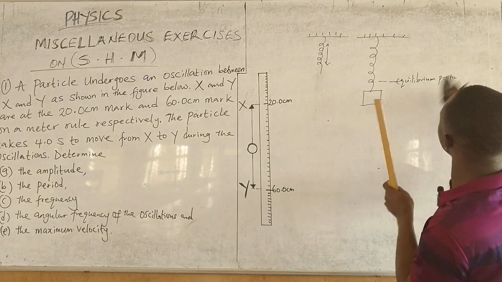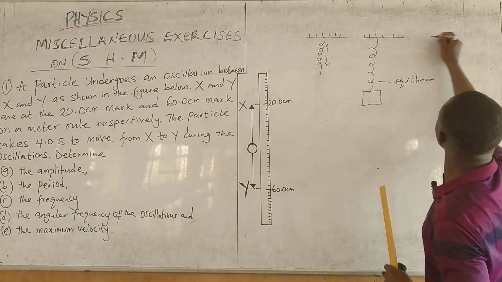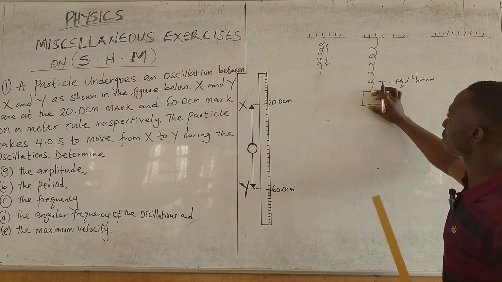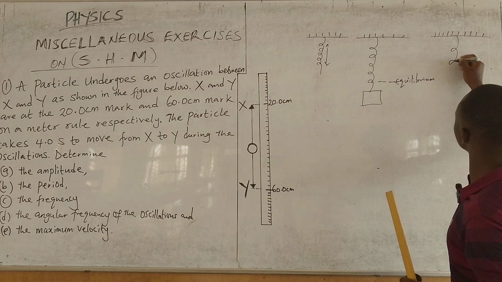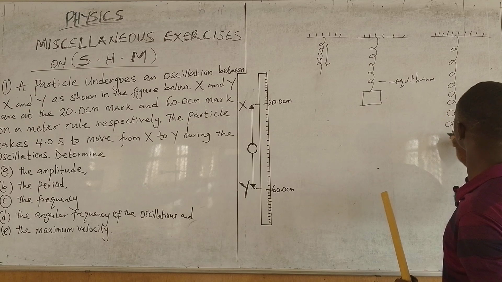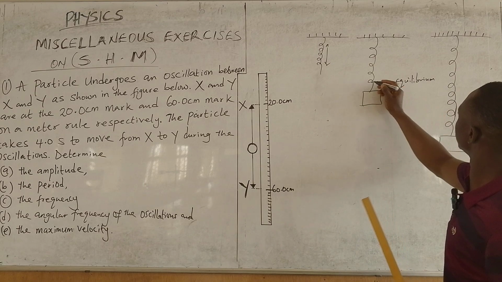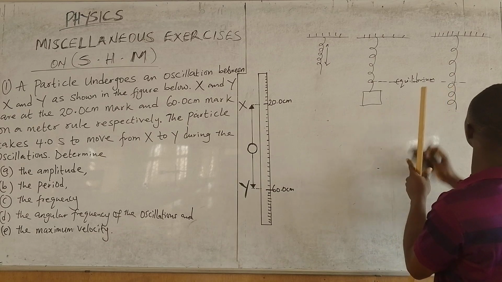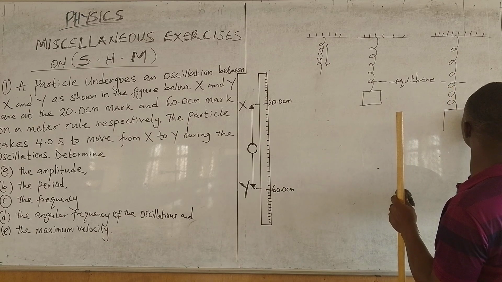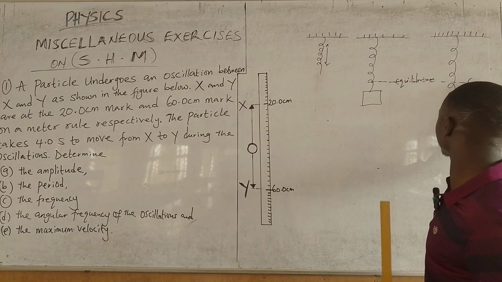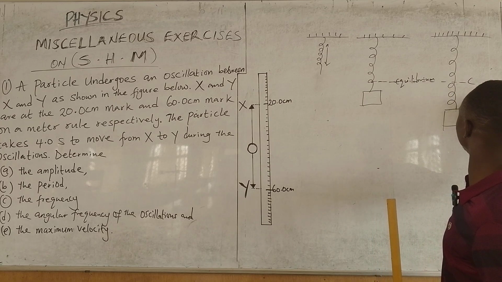Then if it is now stretched further by your hand, you stretch downward below the equilibrium position C.